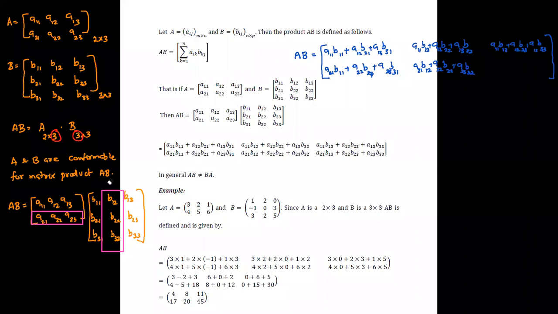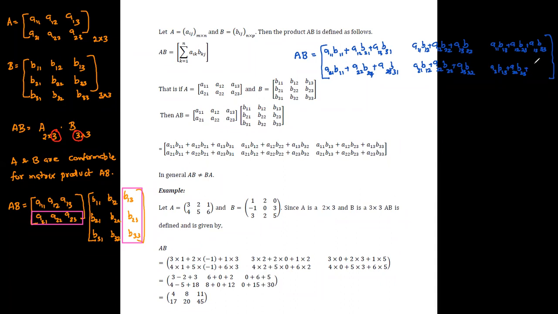Then we have to move to the third column. The elements in the third column give, here, A21 multiplied with B13, then A22 multiplied with B23, then A23 multiplied with B33.